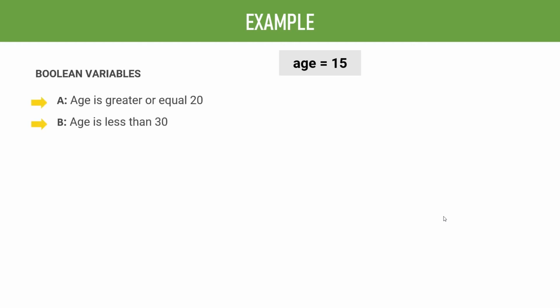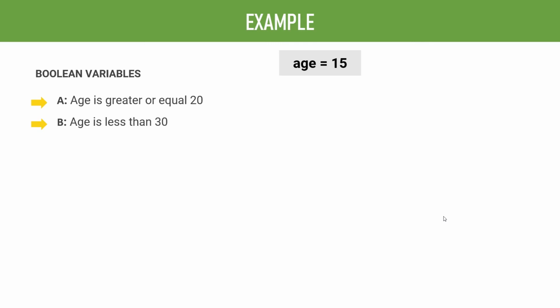But of course, the best way to understand is to use a more practical example. So let's go back to using the age variable, and this time we set it to 15. And then we have our two Boolean variables. The first one, A, is age is greater or equal to 20.